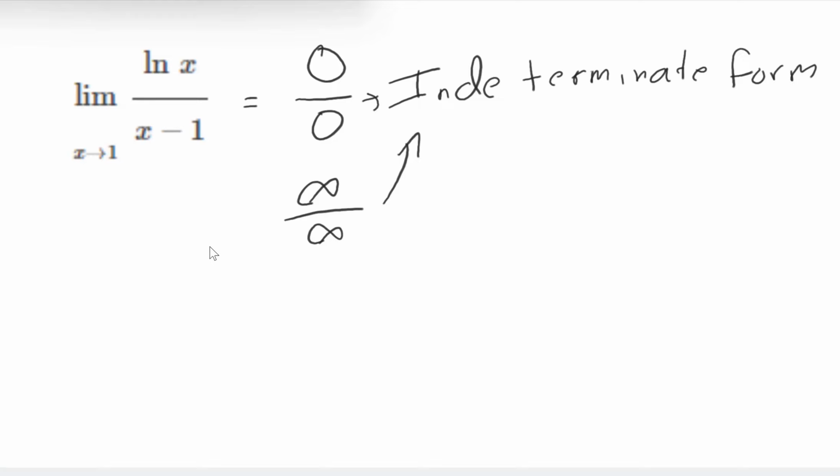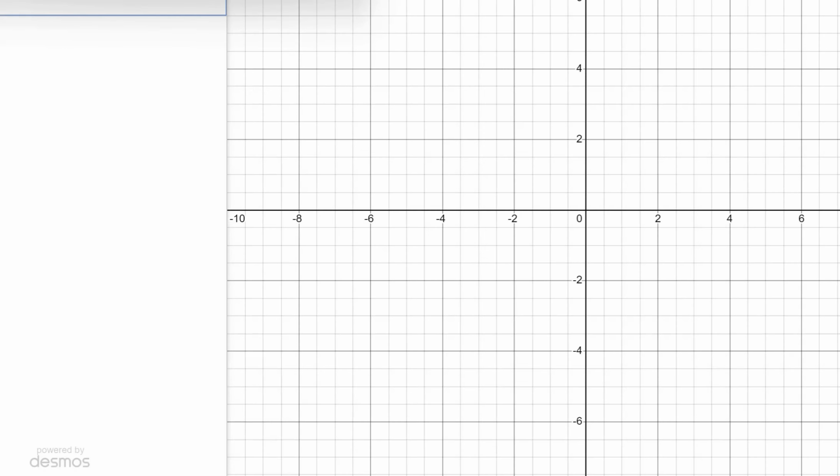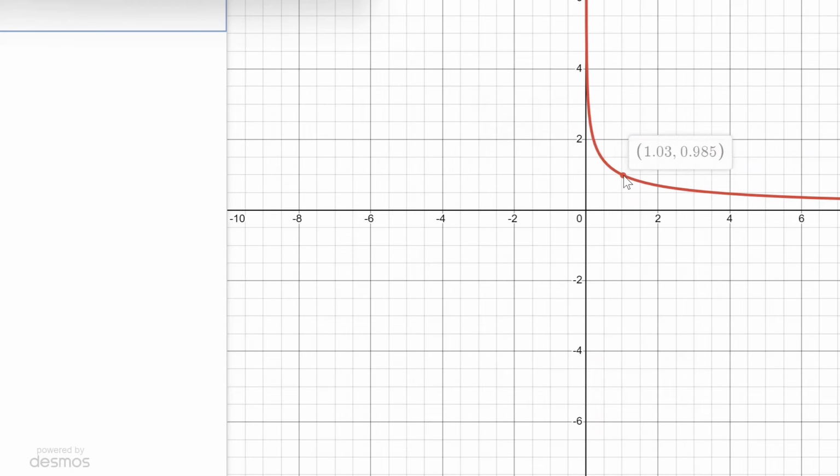We could graph it. That is a possible way to do it. If we were to graph this one, let's see what this one comes out to be. So we have ln of x over x minus 1, and we're looking at the limit as it goes to 1.